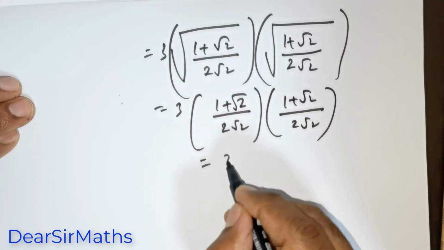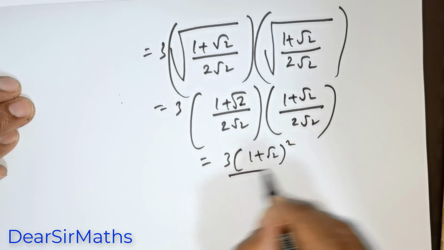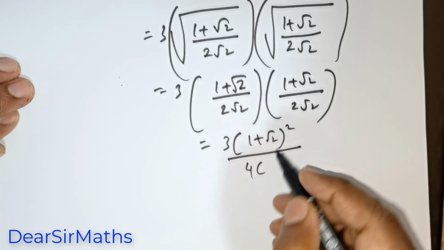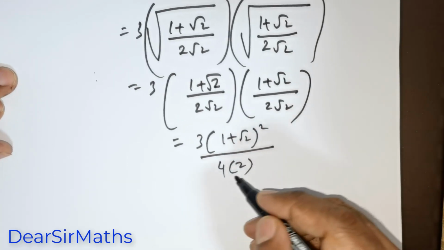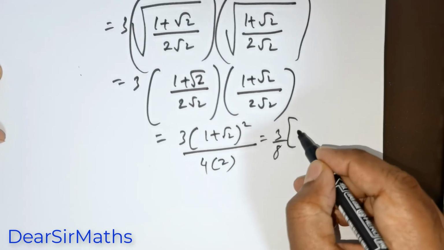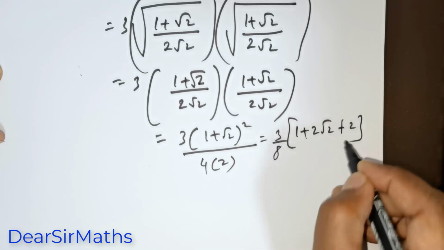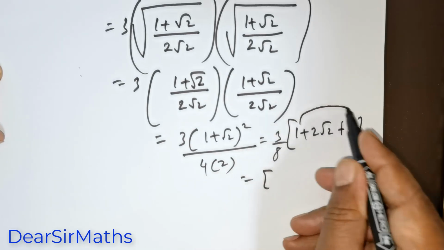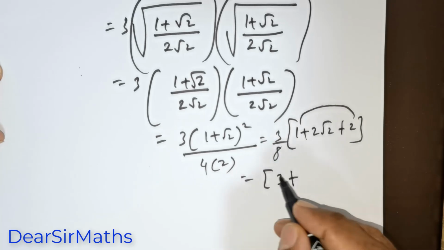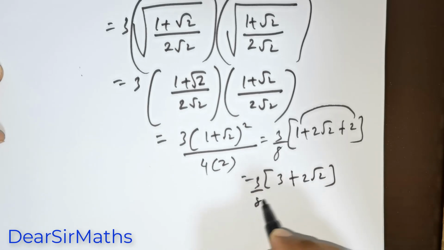This gives us 1 plus root 2 whole squared divided by 2 times 2 is 4, root 2 times root 2 is 2, so 4 times 2 is 8, so you get 3 over 8. You expand this: 1 plus 2 root 2 plus root 2 squared, which is 2. So 1 added with 2 is 3, so 3 plus 2 root 2, and you have 3 over 8 here.